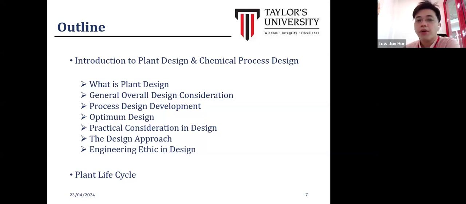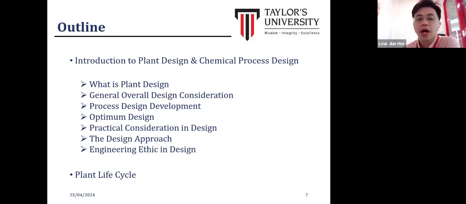I will also introduce what process design development is, what optimum design means, and what the practical considerations are when we design a chemical plant, as well as some very common approaches to design, and some of the engineering ethics that we need to follow when we design our chemical plant.